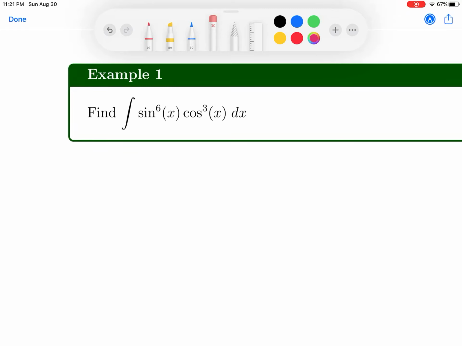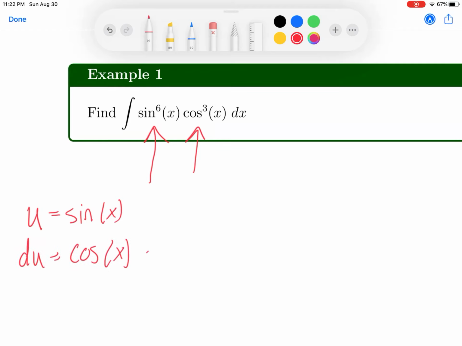If I do a u-sub right now, you'll notice both my sine and my cosine are raised to powers. That's what makes this difficult. Let's just say I do it, and let u be equal to sine. What's the derivative of sine? The derivative of sine is cosine.